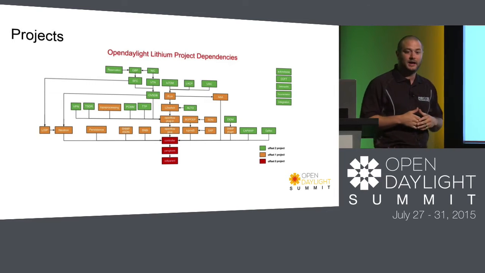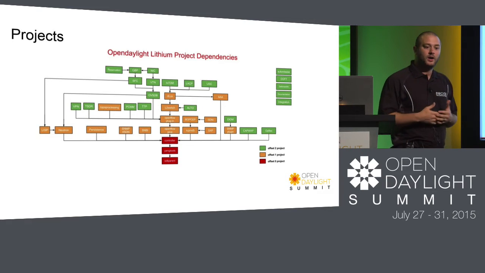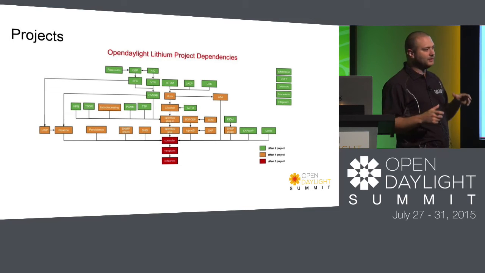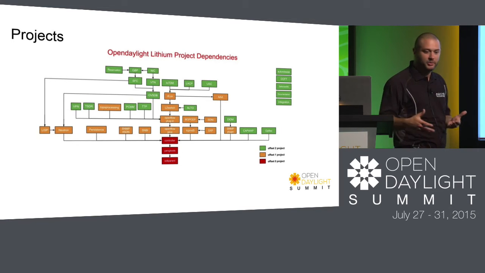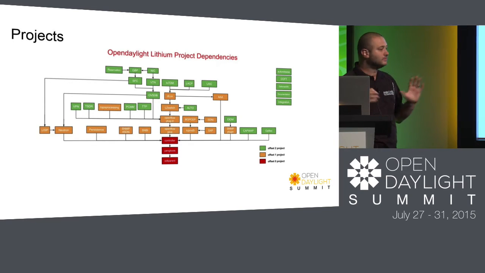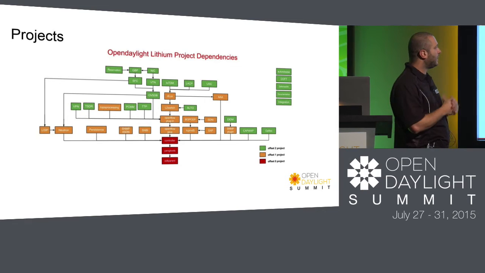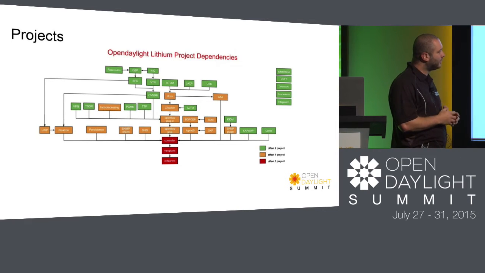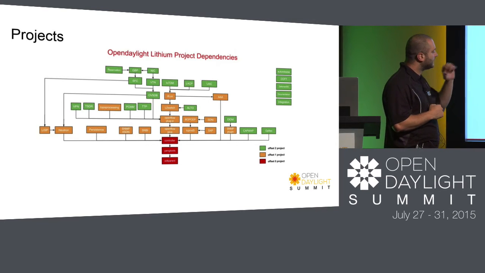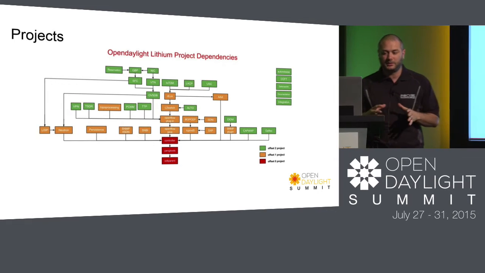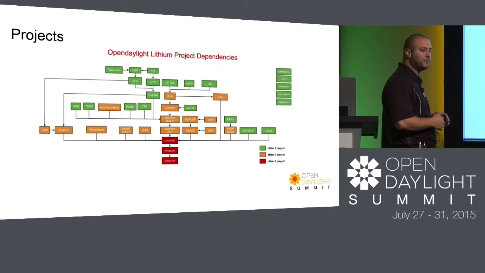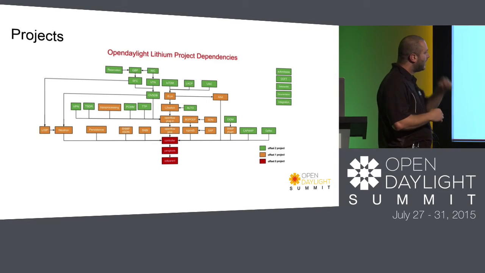And then finally you have the offset 3 projects, which are most likely leveraging offset 1, but sometimes they also have a lot of interdependencies between each other. So the OpenDaylight projects that you see here are really the components that you can use in order to build your use cases or solutions. I'll just go quickly over them, and then I'll talk about how you can mix them up into solving issues.